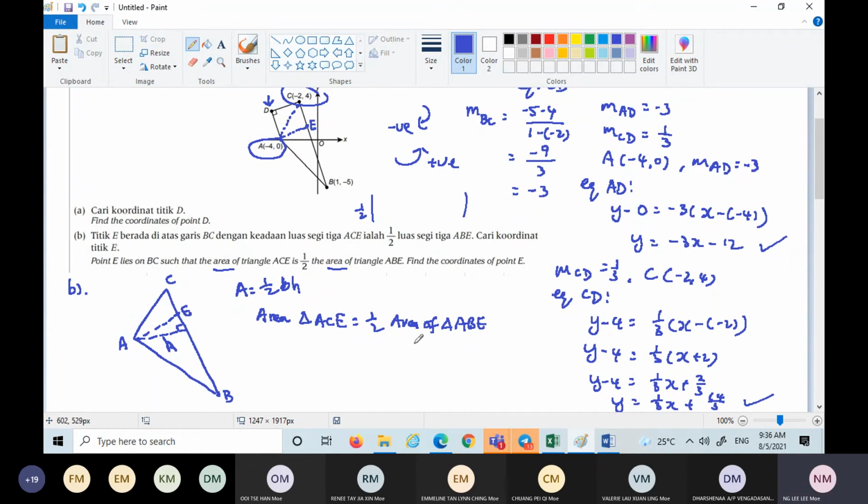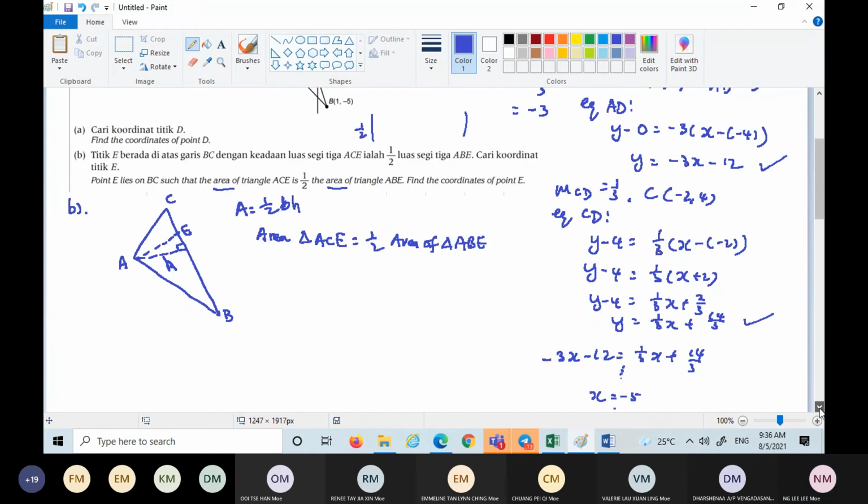If you have this type of triangle, if this is the base, then this one will be the height of the triangle.